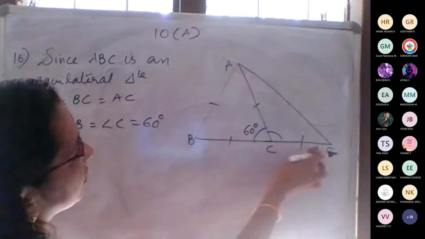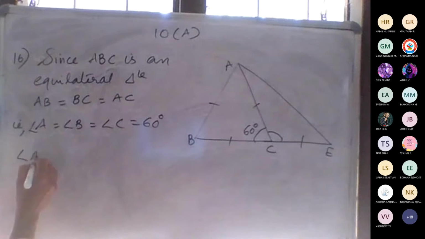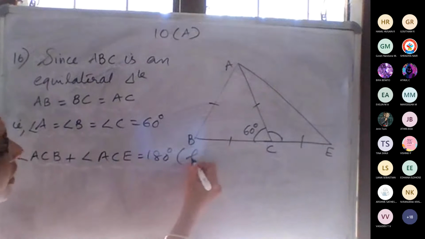So we have to find out angle AEC. For finding this, we have to apply the linear pair concept. Angle ACB plus angle ACE is equal to 180 degrees, linear pair.